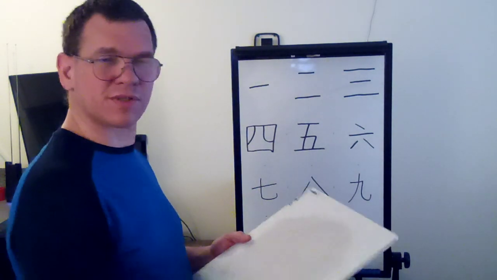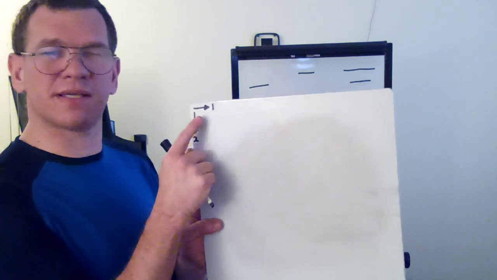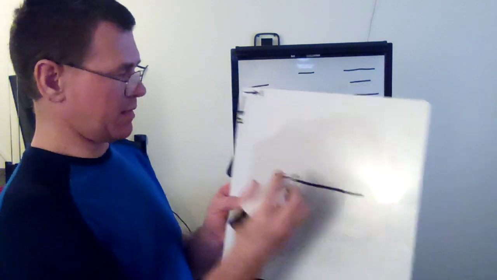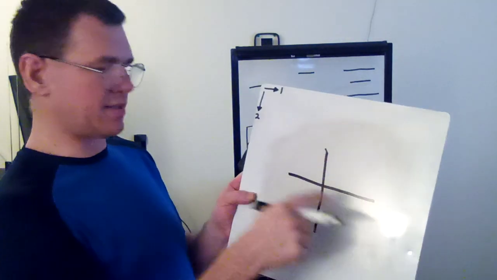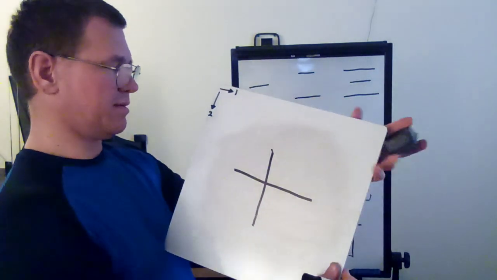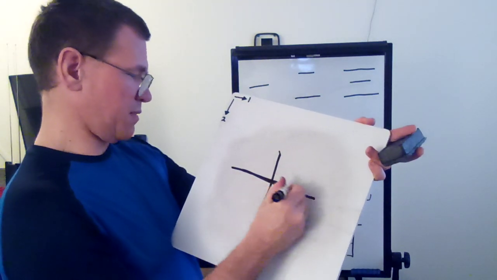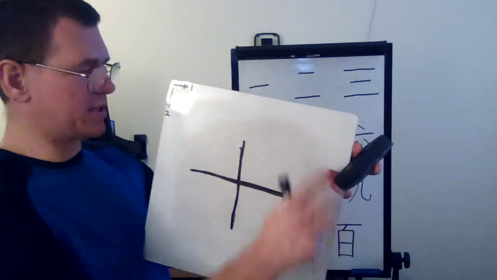And so, just like this, we're going to follow this in order. 1, 2. That's not even, but 1, you start from left to right. 2, top to bottom. So 1, 2. It's the number 10.